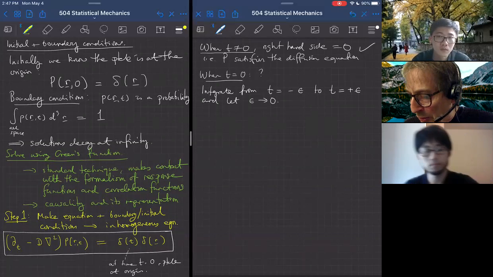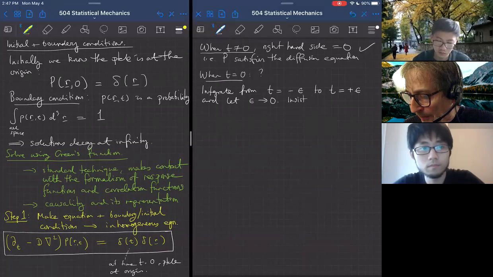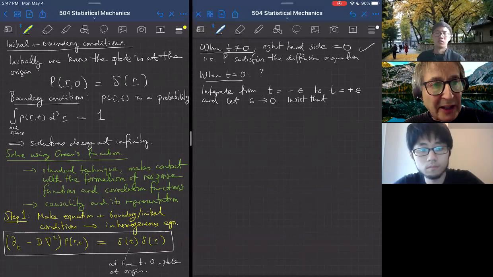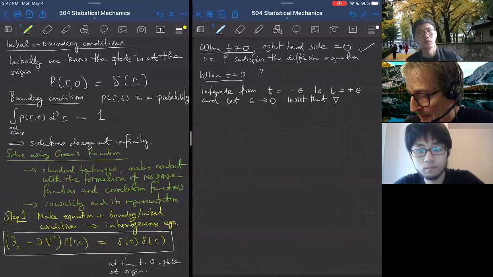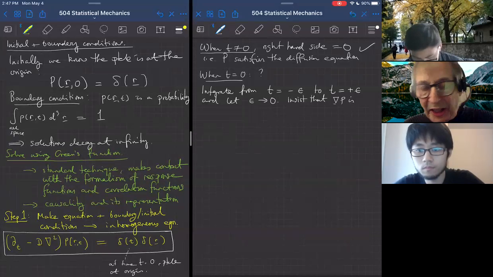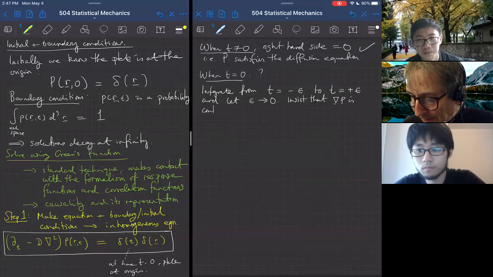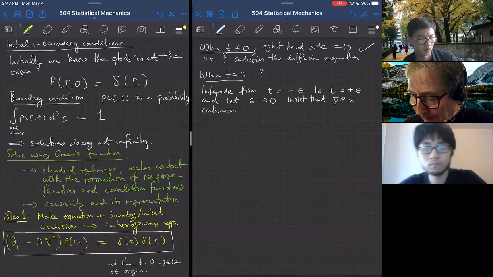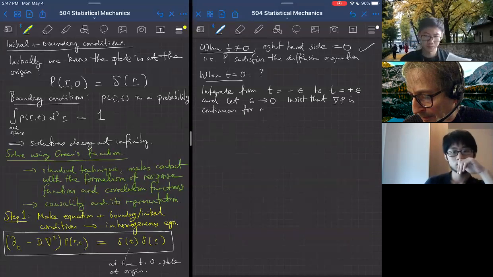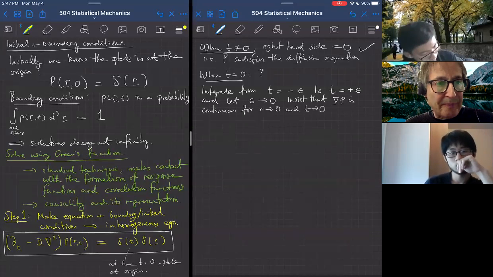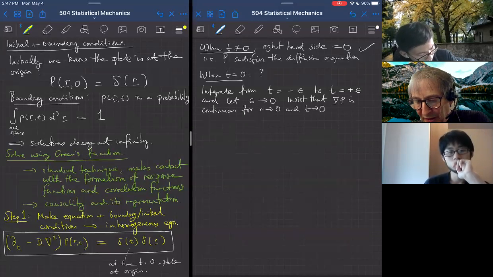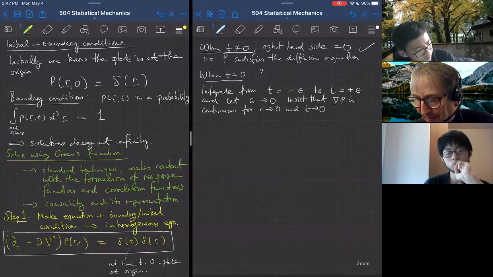And what we're going to do is insist that the gradient of p is continuous for r going to 0 and t going to 0. And so when we do this, we integrate both sides of the equation.